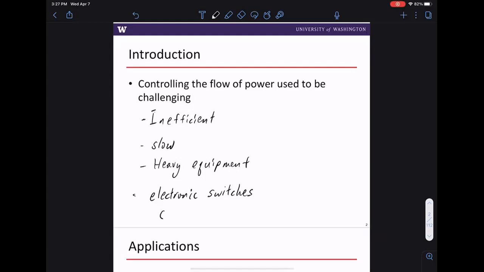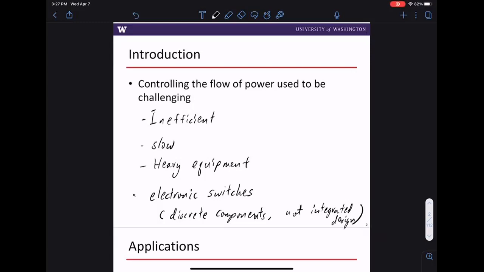There's no integrated design. You don't need that many of them anyway, just a few discrete components. So that's one thing to keep in mind between power electronics and circuits in the more traditional sense.